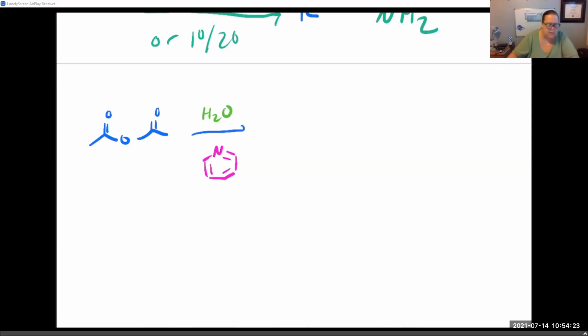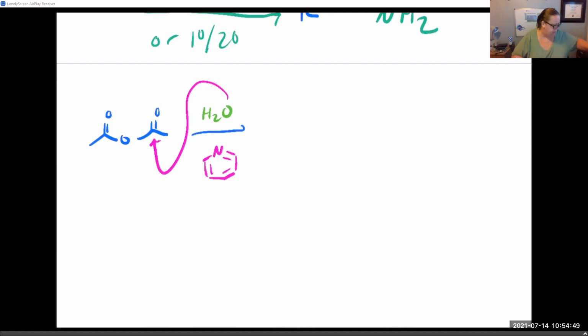First step. What is the first step in the chemical reaction? Nucleophilic attack. Does it matter which one of these carbonyls I attack, by the way? Actually, does she use pyridine? I don't think she does use pyridine. Let me double check.